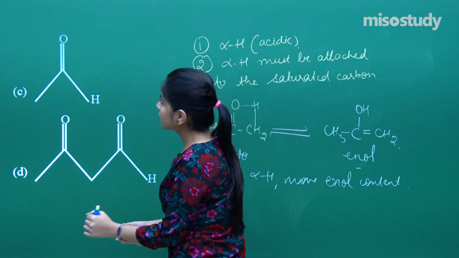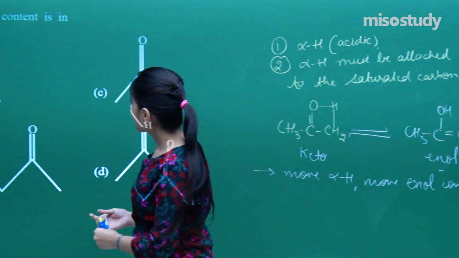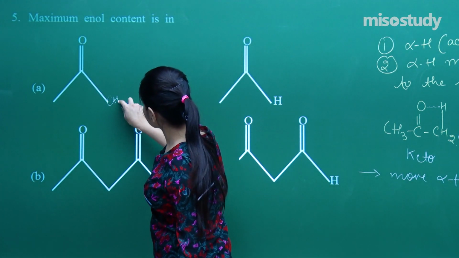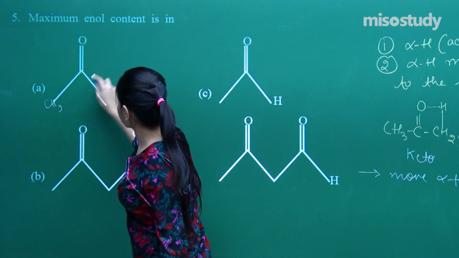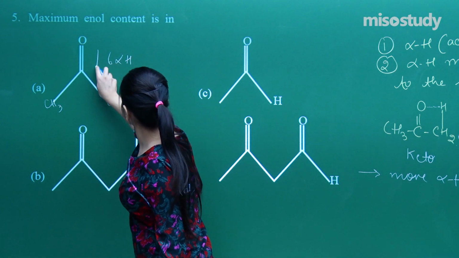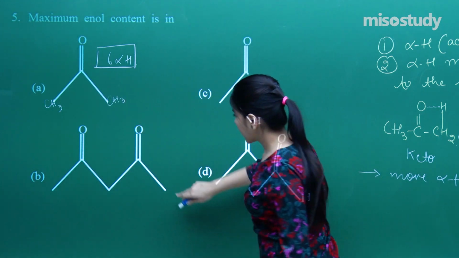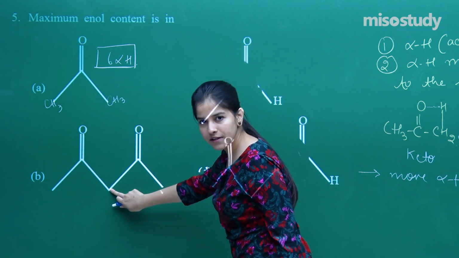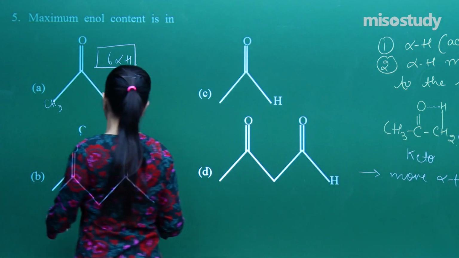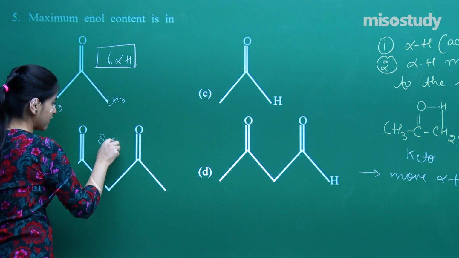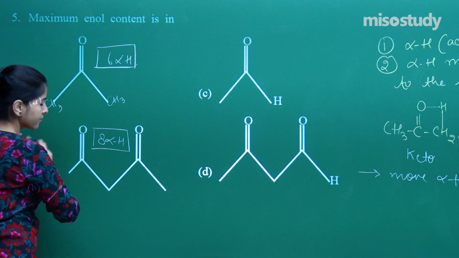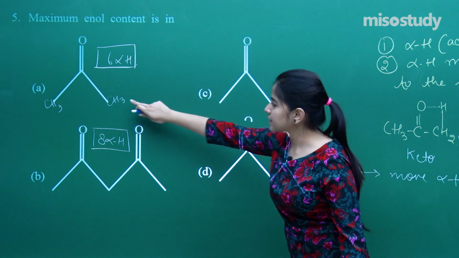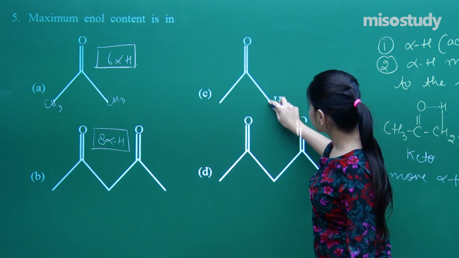Let us now count the number of alpha hydrogens here. If you see over here, this is nothing but acetone again, CH3, CH3, having 6 alpha hydrogens. If you look at option B, I have got 3 from here, 3 from here and 2 from here. That means I have got 8 alpha hydrogens. Now if you look over here, instead of a methyl, I have just a hydrogen here.